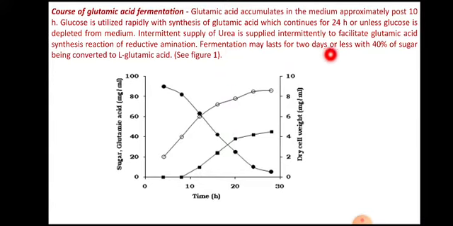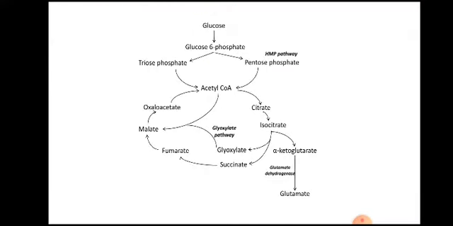Fermentation may last for 24 to 48 hours, that is 2 days, unless at least 40% of the sugar is consumed to glutamic acid. This diagram shows the course of production of glutamic acid.